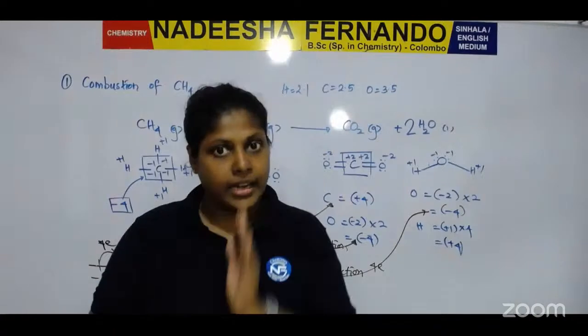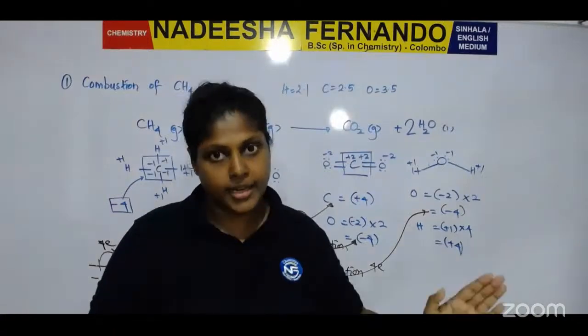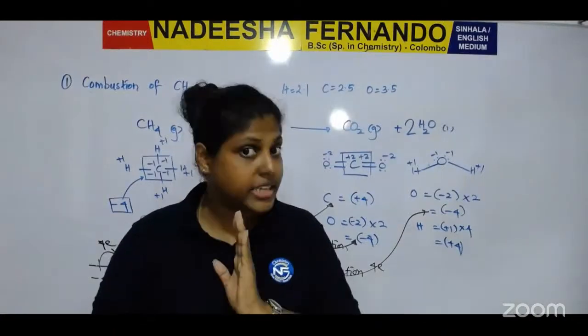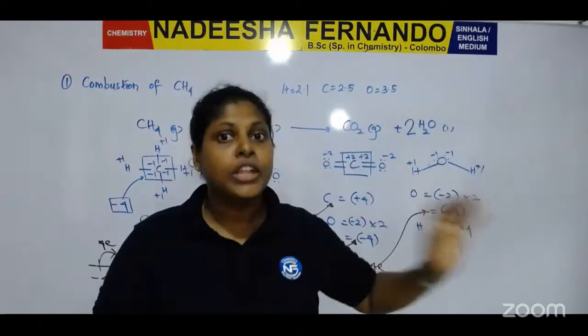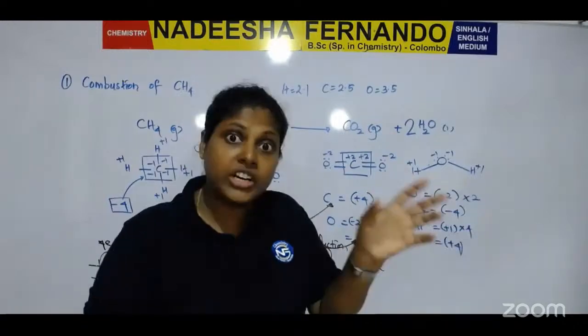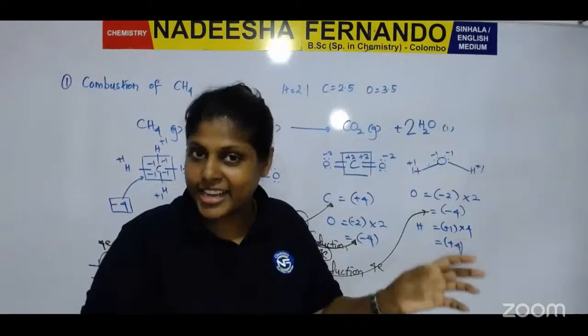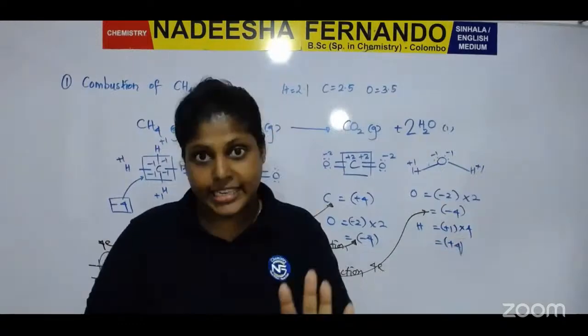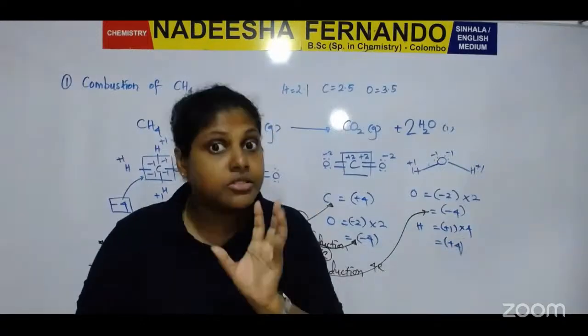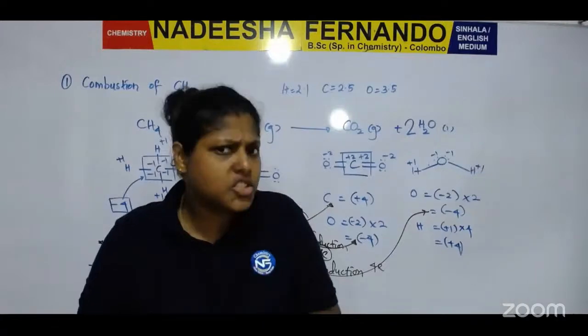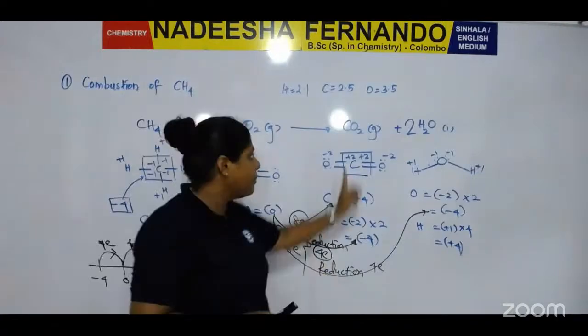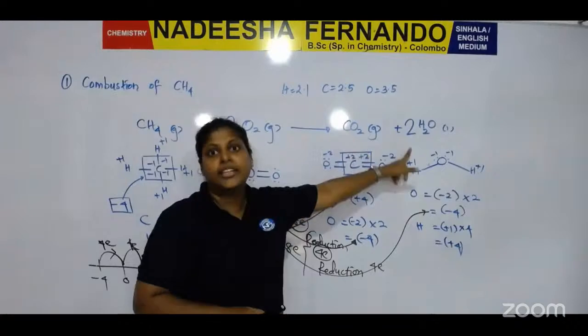When carbon goes to carbon dioxide, the initial oxidation state -4 goes to +4. The total number of electrons transferred, that is oxidation, totally 8 electrons. Those removed electrons are taken by oxygen to form carbon dioxide and water.